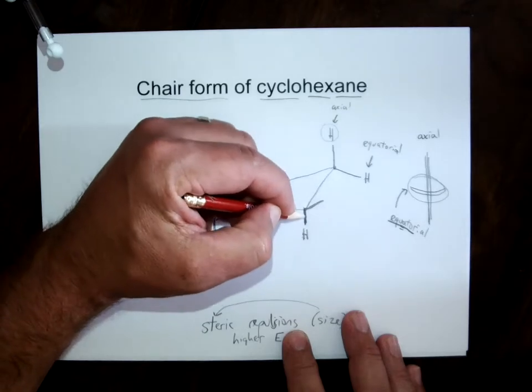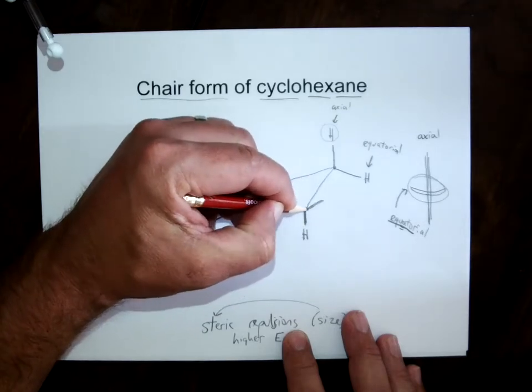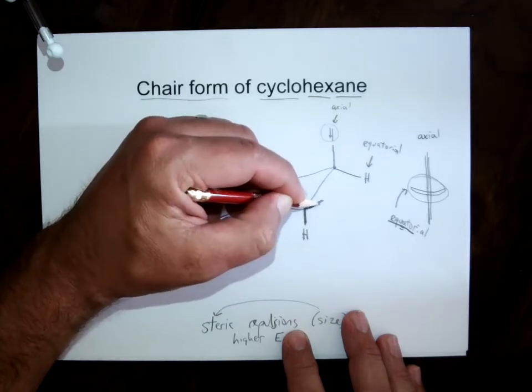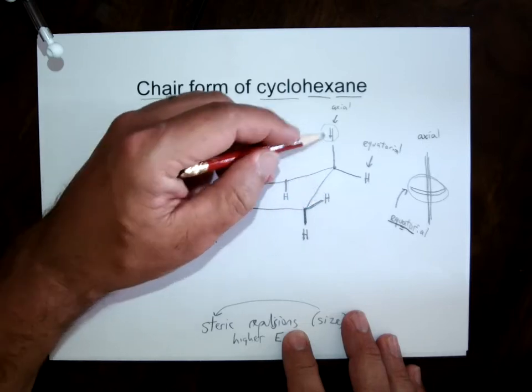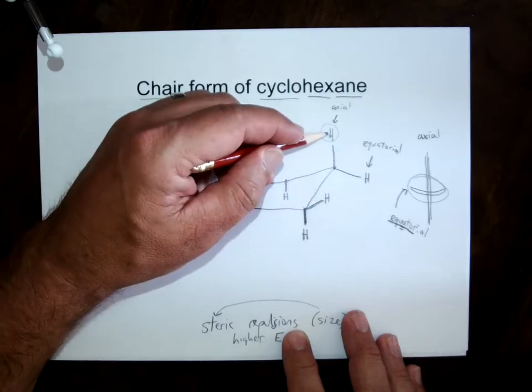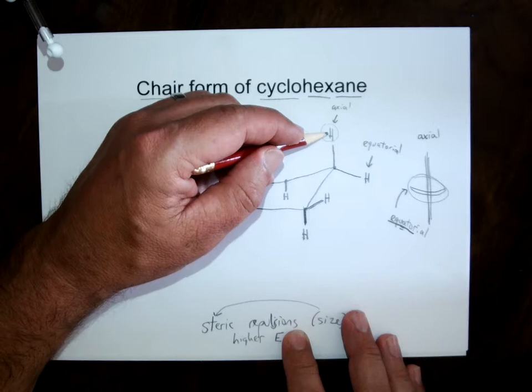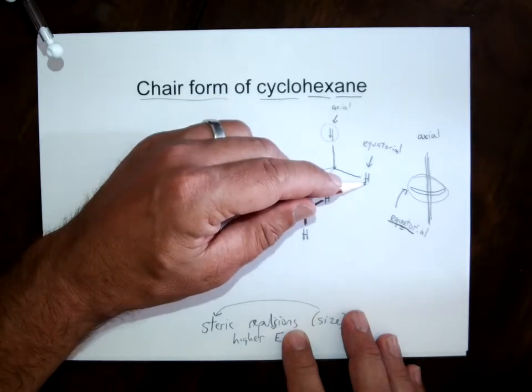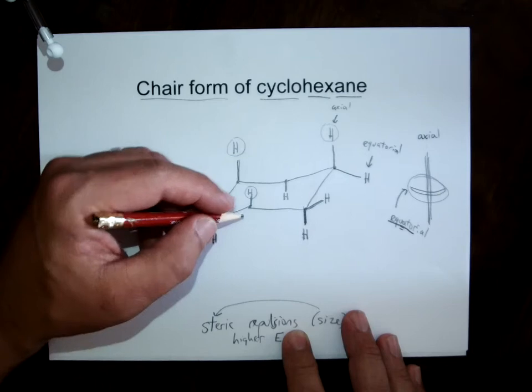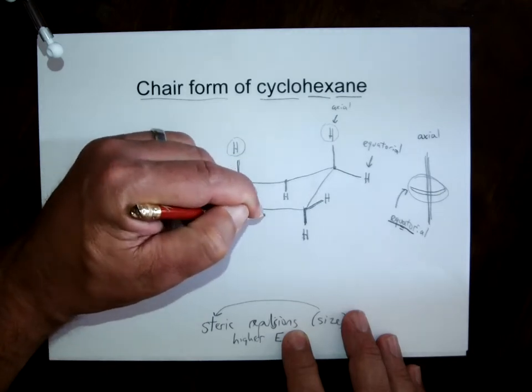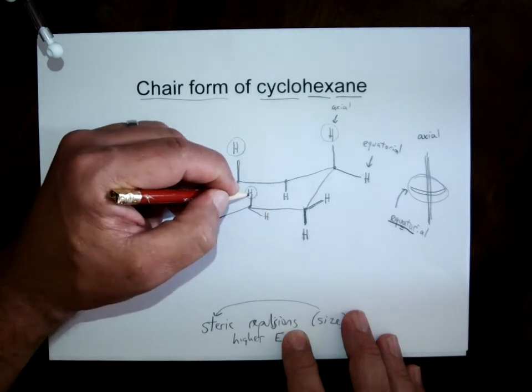And then if this one's down, the equatorial one, the corresponding one on the same carbon, is going to be pointed a little up. So if the axial hydrogen is up, the equatorial on the same carbon is down. So I always draw in the axial ones first, and then put in the equatorial ones, so I make sure I draw them the right way.